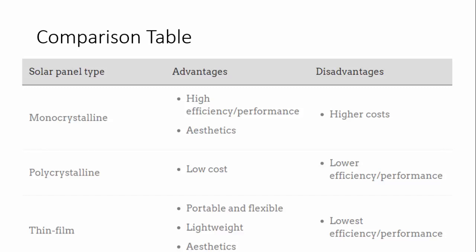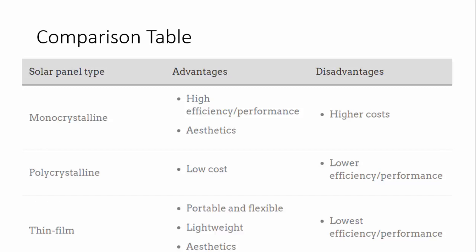Then come the thin film solar panels. They are portable, flexible, lightweight, and have very good aesthetics, but the very bad disadvantage is the lowest efficiency among all three, and the price is also relatively lower, that is an advantage.